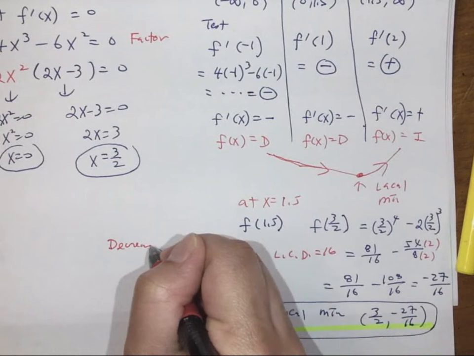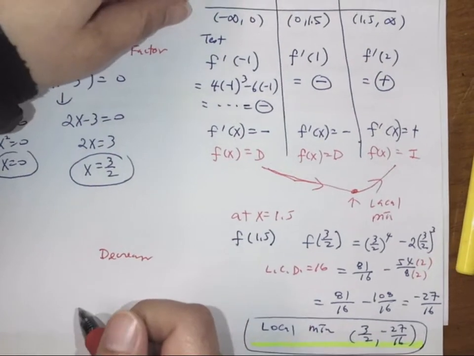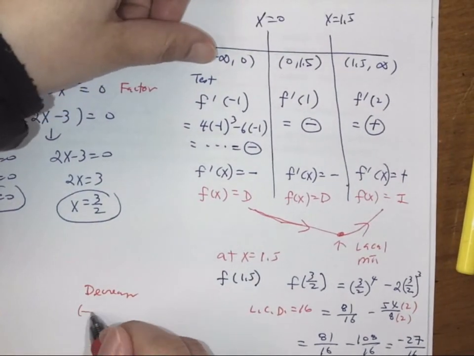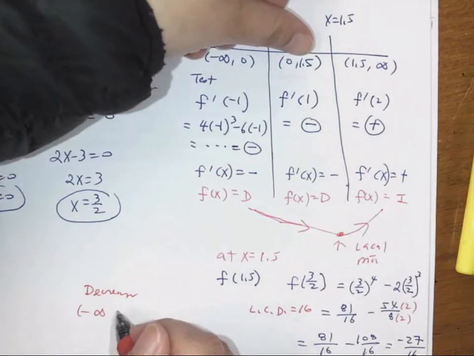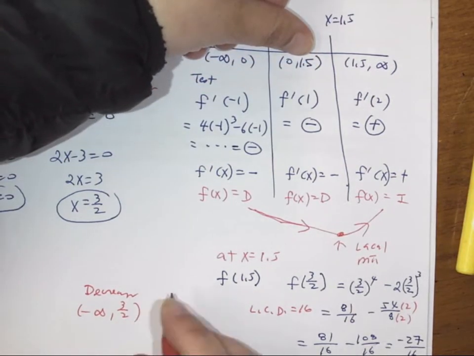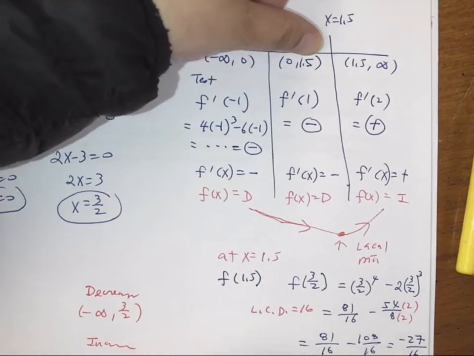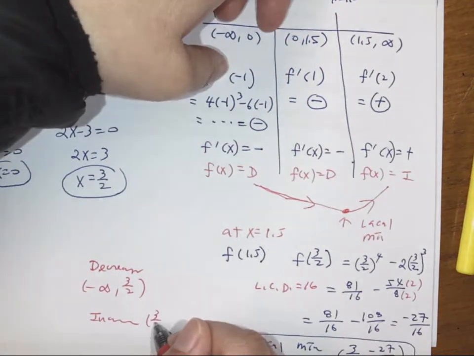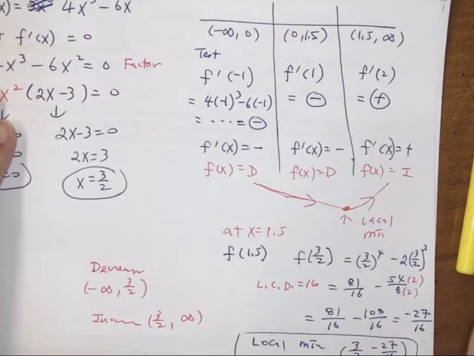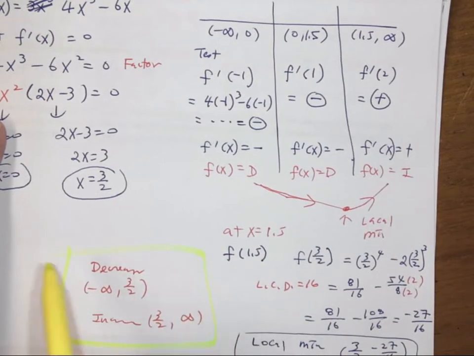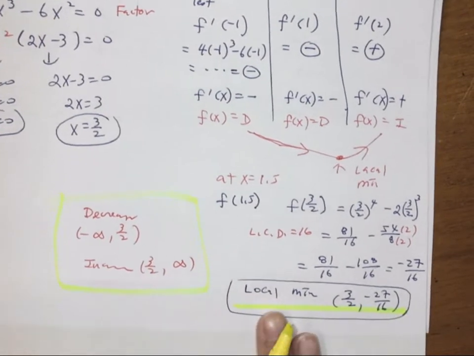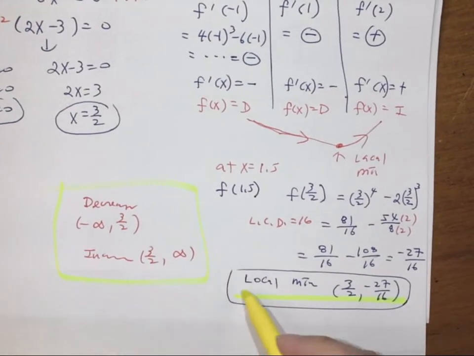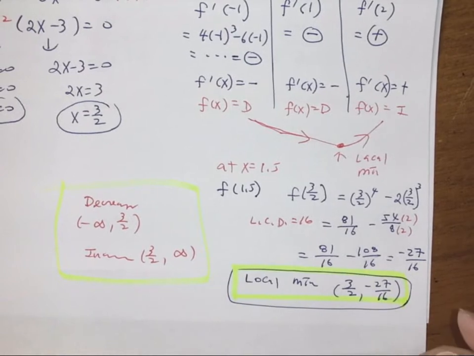Decreasing is going to be starting from negative infinity all the way to 3/2 or 1.5, and the increasing part is going to start from 3/2 to infinity, right? So it's switching from decimal to fraction, back and forth. Hopefully you don't get too confused. So that's the first part of the questions.